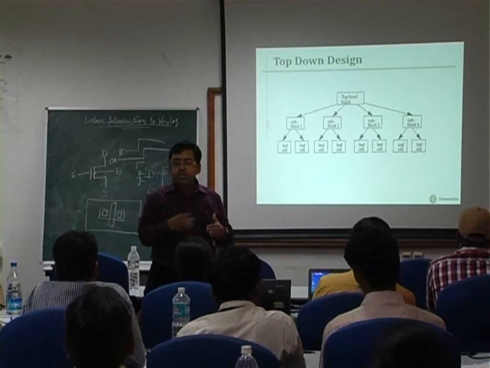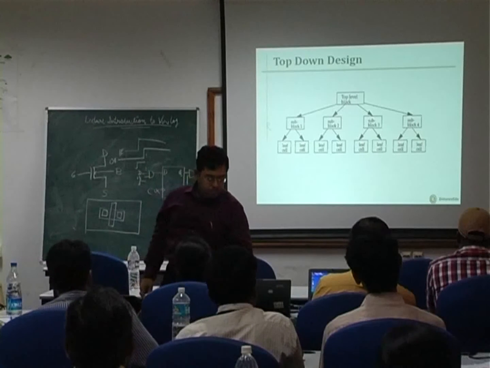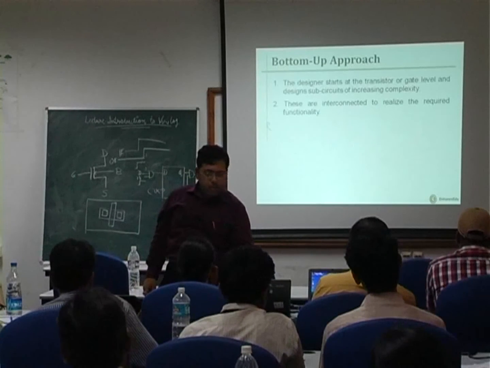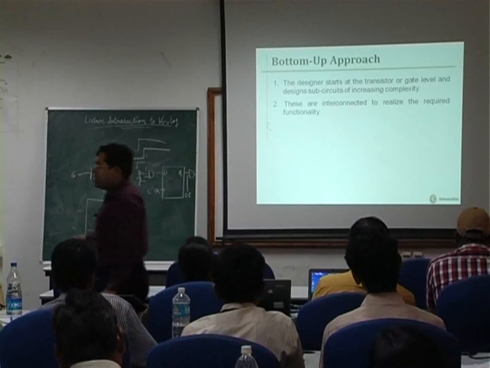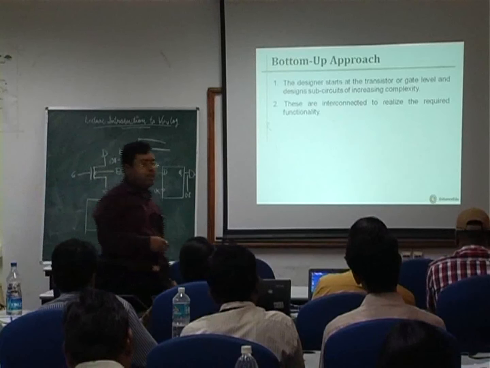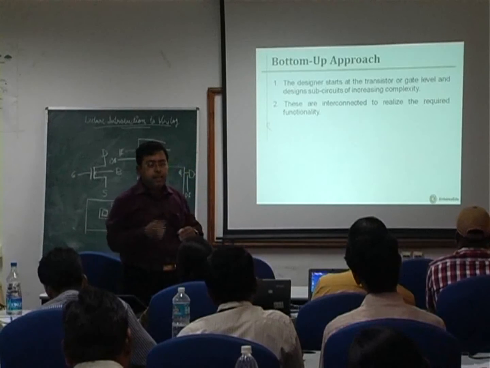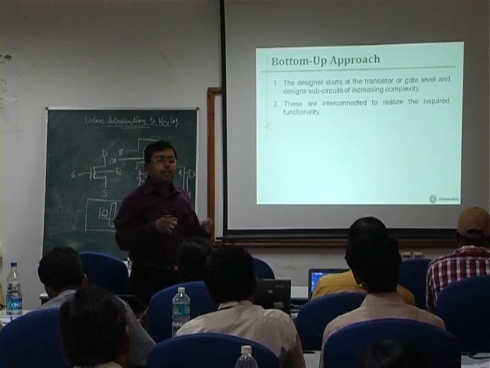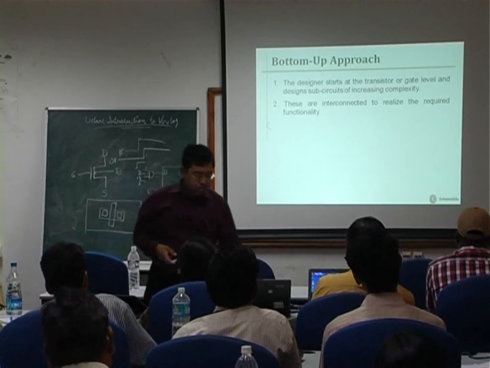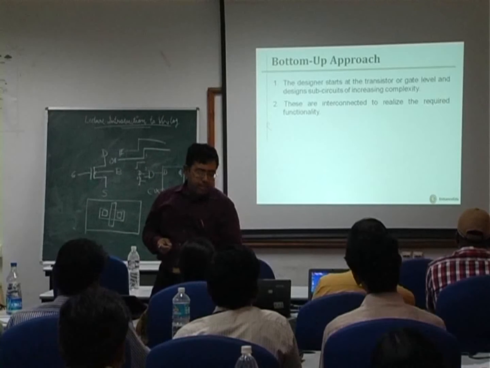You can go on iterating, ultimately arriving at the elementary level modules. The other school of thought is the bottom-up approach, in which you start your design with the design of a single transistor or a single gate and then go on adding components to it, ultimately getting the whole design.